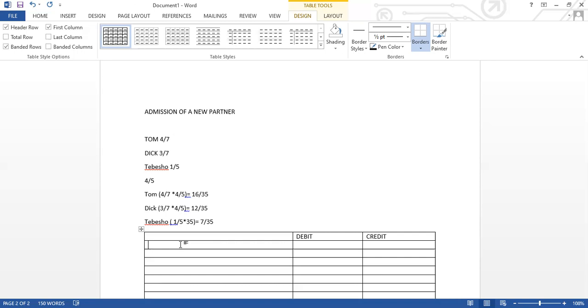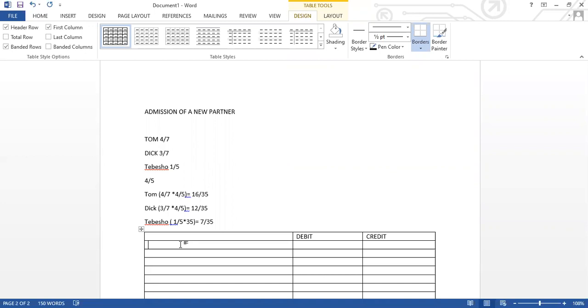So in this case, we said that goodwill is usually only recognized when a certain person is paying for it. So in the admission of a new partner, we are told that Tebesho must pay 11,760 for goodwill, ne? So we need to account for goodwill of this 11,760, and it should be distributed among the old partners.